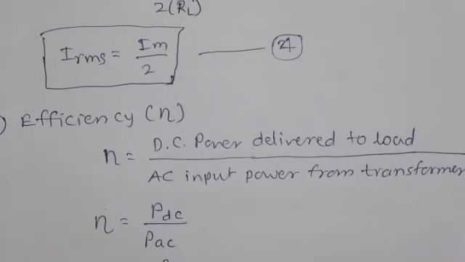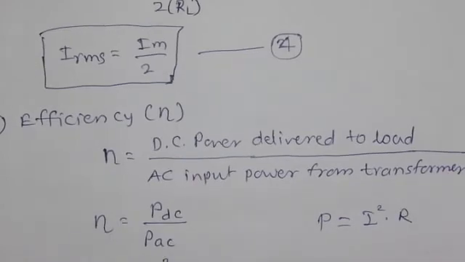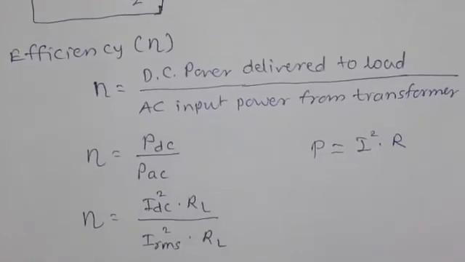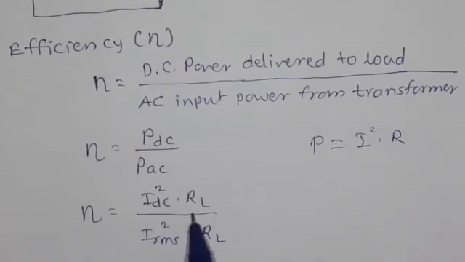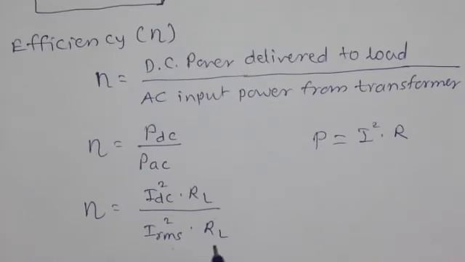Now the power is generally represented as I square R. Using this formula, the efficiency is IDC square into RL upon IRMS square into RL.